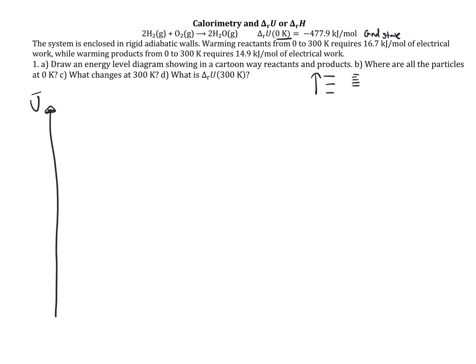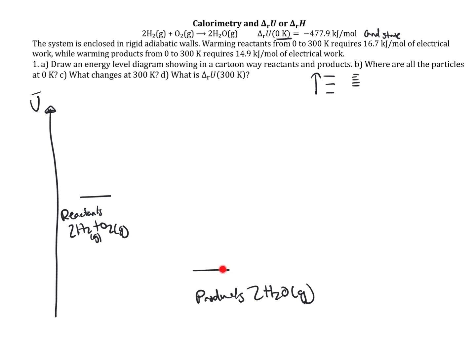Since this is a negative delta U, I know the products are lower in energy. So these are my products, 2H2O gas, my reactants, 2H2 plus O2, all gases.